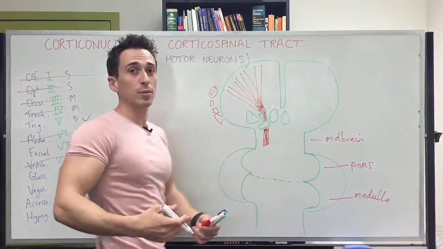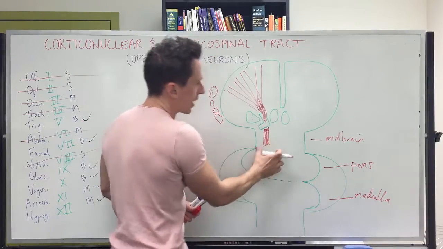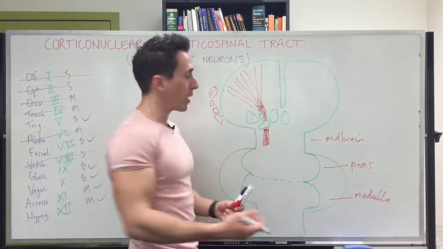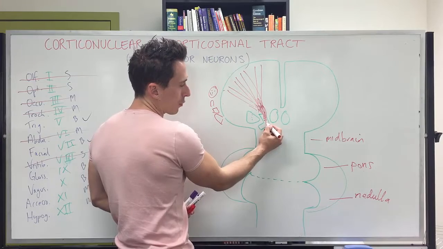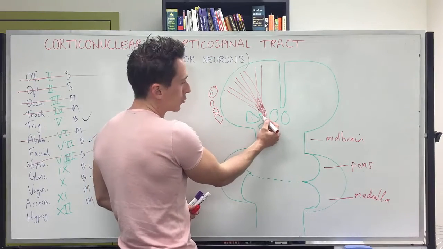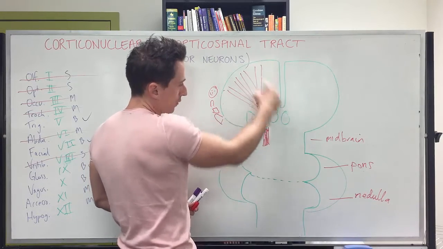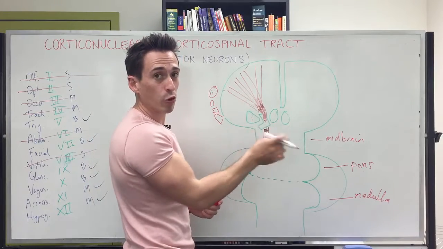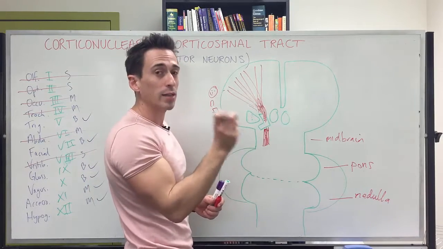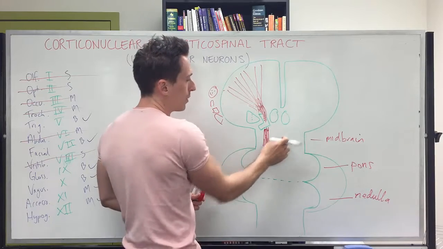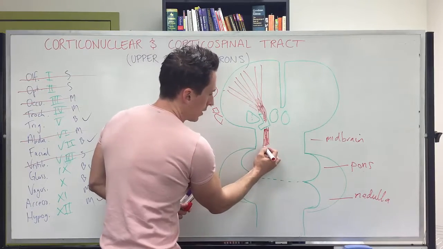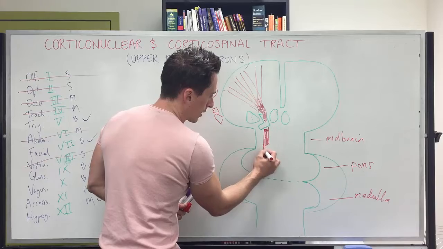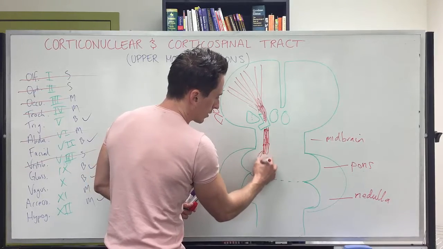Coming down from the arms, legs, trunk, it moves down exactly the same pathway, except it doesn't go through the bend there. It goes through the posterior limb of the internal capsule, continues down through the midbrain, again through that crus cerebri, the middle anterior third of the midbrain, goes down, and like I said, once it got to the pons, it started to fan out.